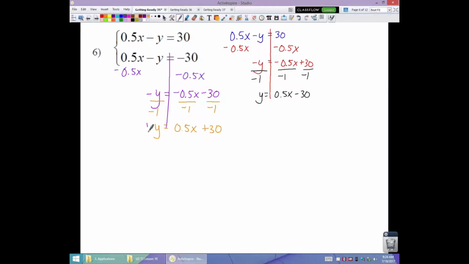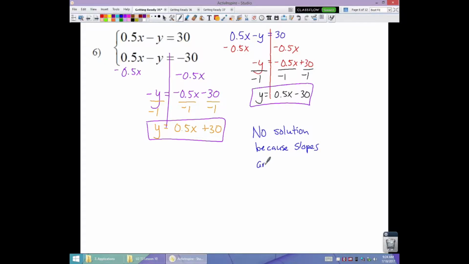So our two slope-intercept forms, what we notice is they have the same slope but different y-intercepts. So that means we have parallel lines on the graph. So this has no solutions because slopes are equal, but the y-intercepts are not.